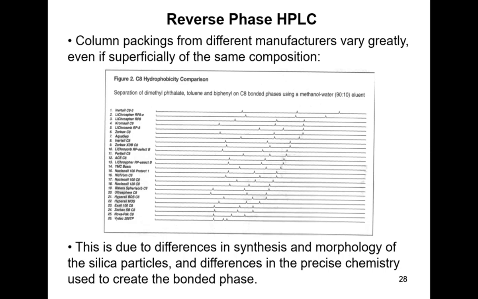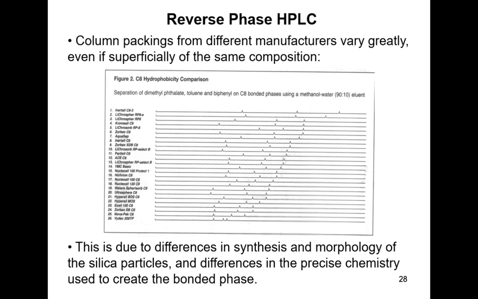I mean, there's no absolute scale on this, but it's all relative differences in the retention times. So yeah, you can see for this particular mixture, columns at the bottom are not very good. The ones at the top are much better and give a clearer separation.